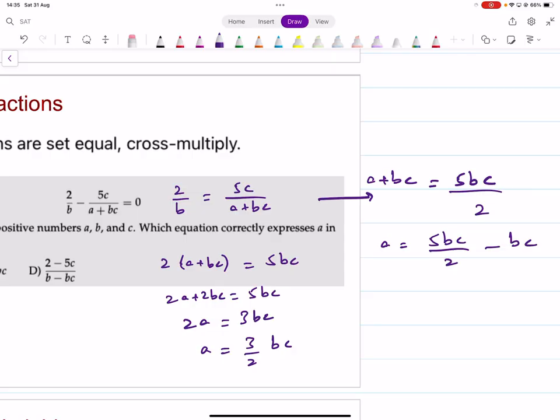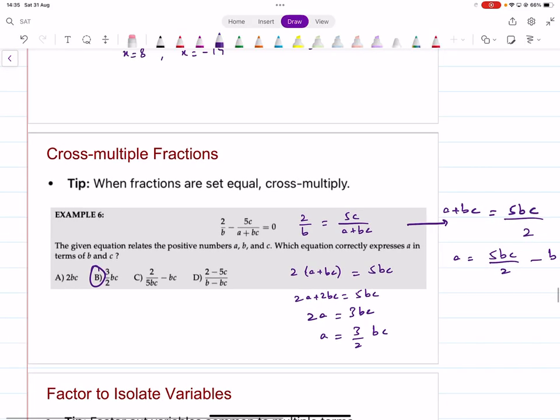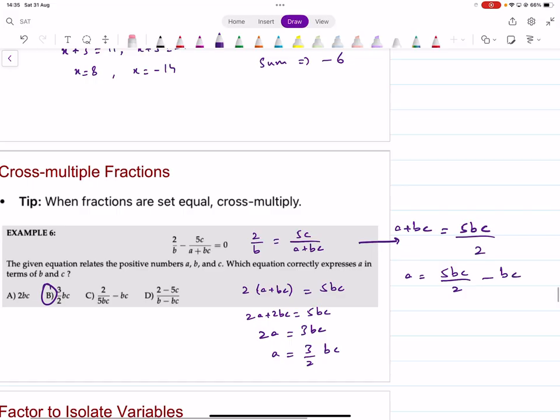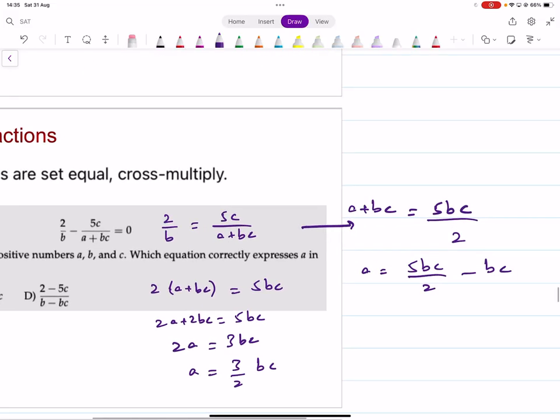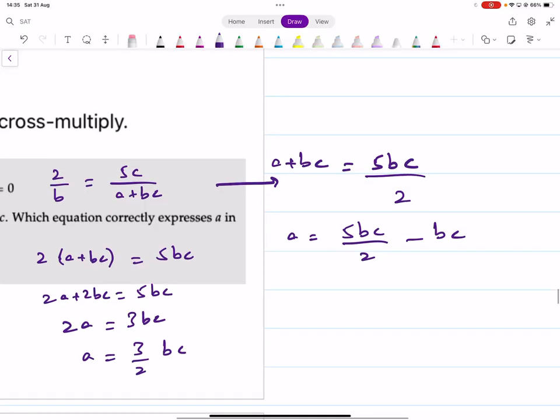This is correct, but is that any of these options? Not right now. So that means you'll have to change it slightly now. Can you take LCM? When you take LCM, that gives you 5bc minus 2bc, right? This 2 gets multiplied with bc, divided by 2, and that gives you 3bc divided by 2. And that's the same answer that we got there.